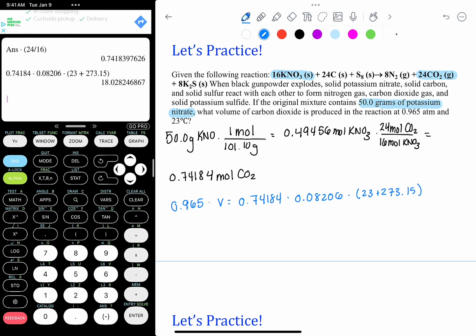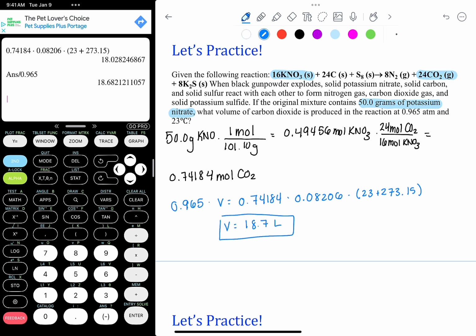Then we divide that by 0.965 to solve for volume, and our volume comes out to be 18.7 liters of carbon dioxide gas produced. So when we take 50 grams of potassium nitrate, we create carbon dioxide, and the exact amount is 18.7 liters of carbon dioxide.